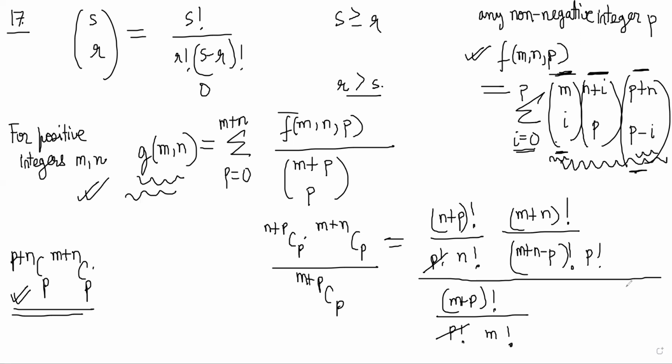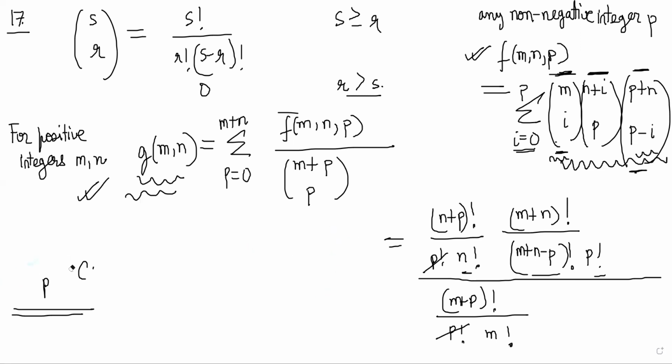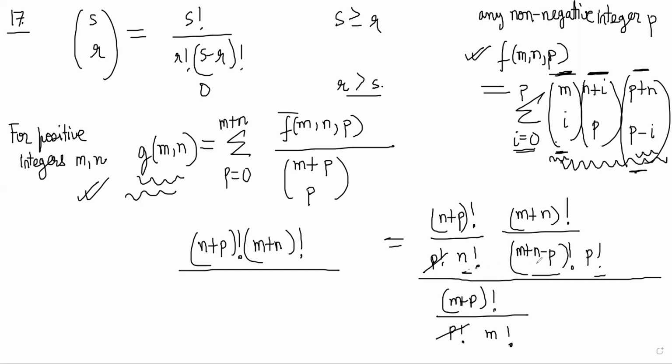m factorial will go on top and these two will come down, right? So what we are getting is (n+p) factorial (m+n) factorial, and these three terms come down: n factorial, p factorial, and (m+n-p) factorial. And (m+p) factorial is here and m factorial goes on top, right?